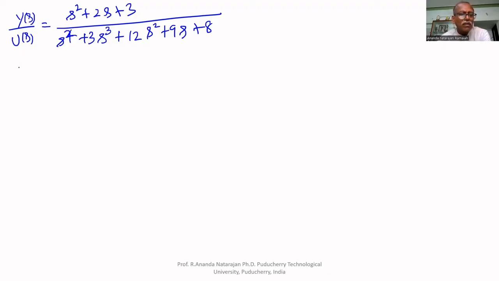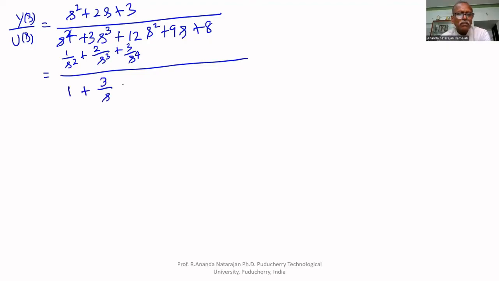Divide the numerator and denominator by s power 4. What you will get is 1 by s square plus 2 by s cube plus 3 by s power 4, whole divided by 1 plus 3 by s plus 12 by s square plus 9 by s cube plus 8 by s power 4.